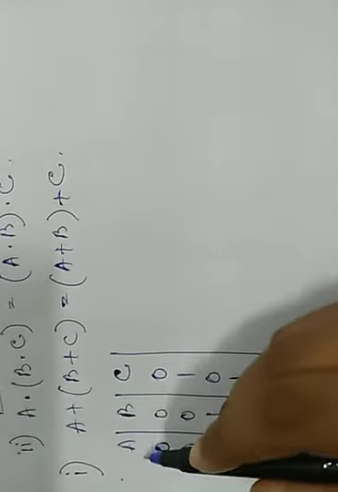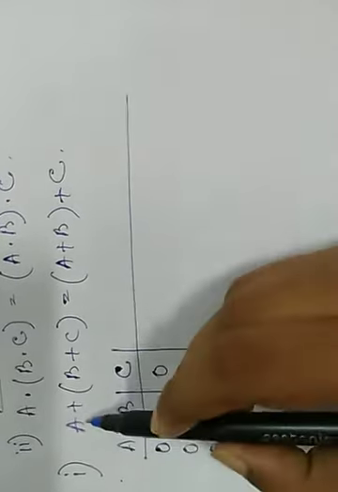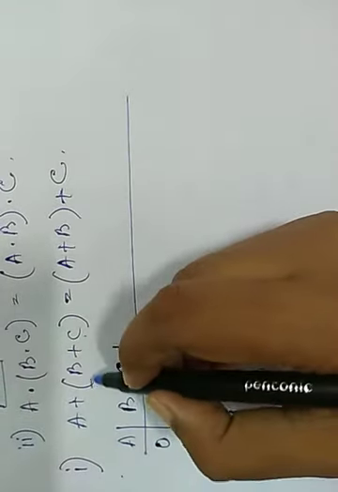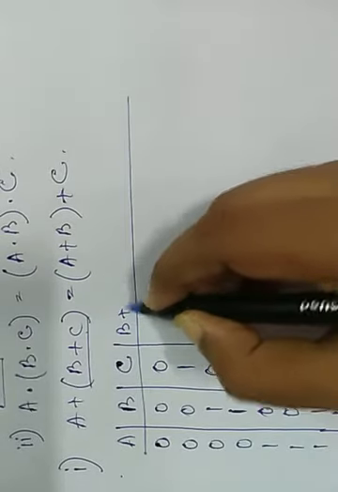Okay, so for ABC, now for the left hand side we have to find out B plus C at first.